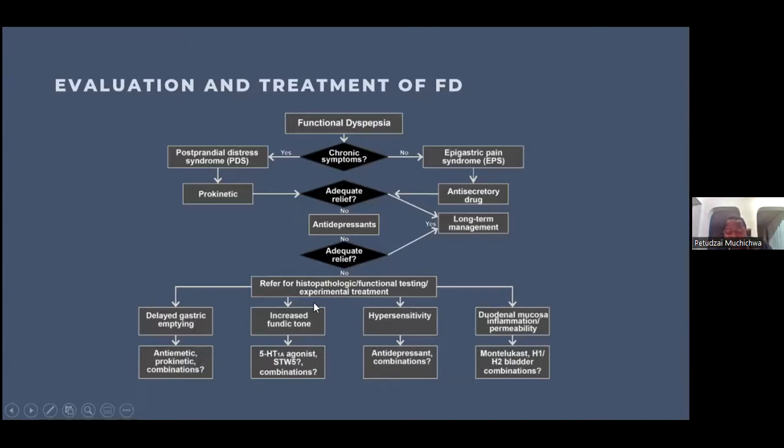If there is increased fundic tone, we offer a 5-HT1A agonist. If there is hypersensitivity on assessment, offer an antidepressant and combinations. And for patients with duodenal mucosal inflammation and/or increased permeability, we offer Montelukast. These are trial medications.